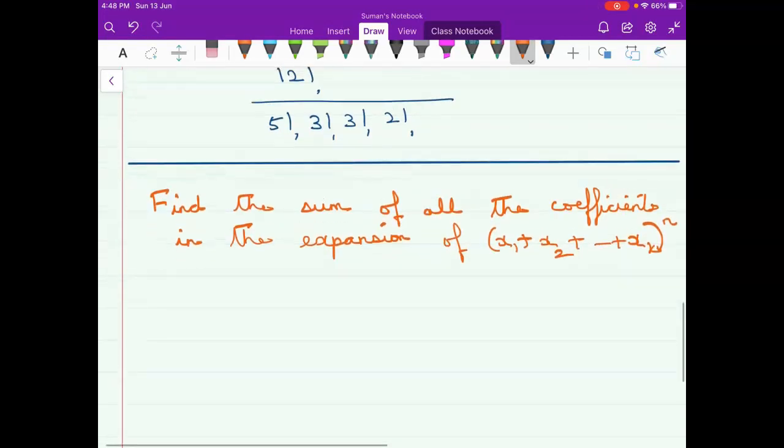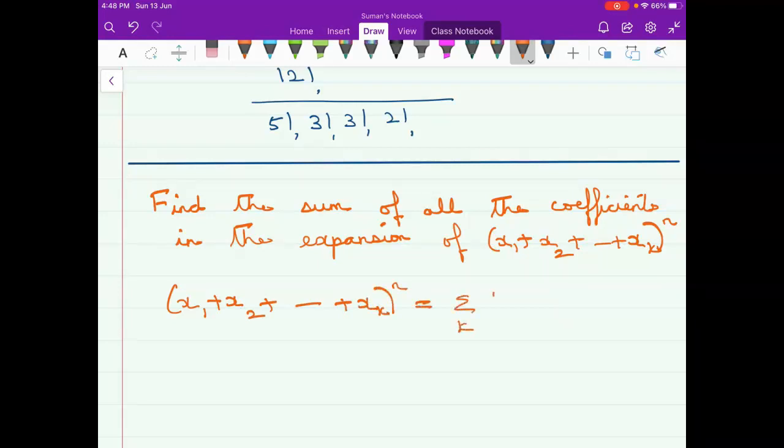So I would start with the multinomial expansion. What is that? x1 plus x2 up to xk whole raised to n is summation over nC n1 n2 nk, and then I have x1 raised to n1 up to xk raised to nk.